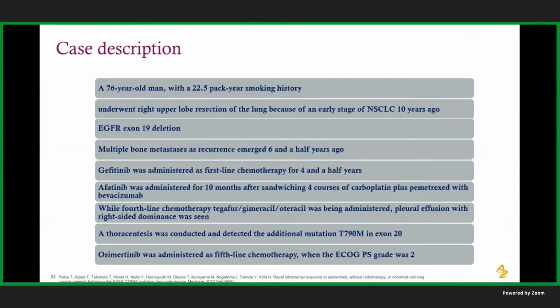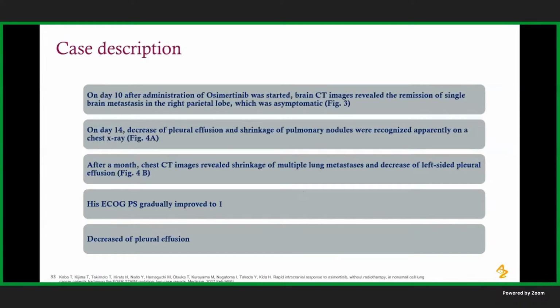Second case is a 76-year-old gentleman smoker who had stage 4 disease, exon 19 mutation, was on gefitinib for 4.5 years, followed by afatinib, followed by chemo plus Bev. Then subsequent lines of therapy, and osimertinib was introduced as a fifth line therapy. By this time, his ECOG performance status was 2.